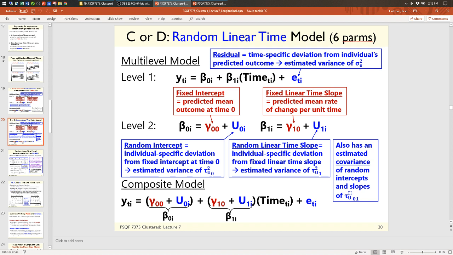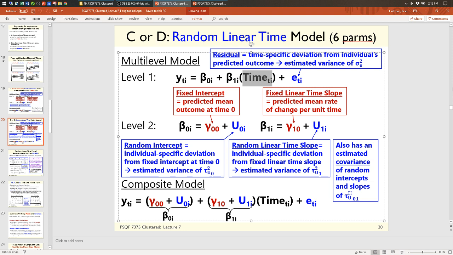So this model, this right here, time T I, let me talk about that for a second. Time gets a T and an I subscript to convey that each person can have their own set of times. It could be time 0, time 1, time 1.5, time 2 3/4, whatever.